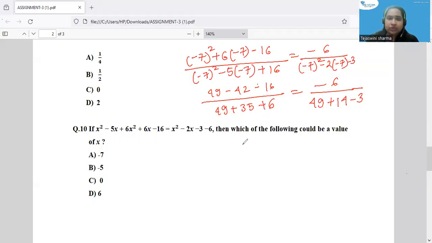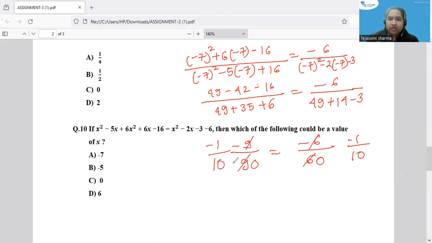When you calculate it, you will get negative 9 by 90 here. Here you will get negative 6 by 60. So when you calculate, you will get negative 1 by 10, and here also you will get negative 1 by 10. So they are equal.